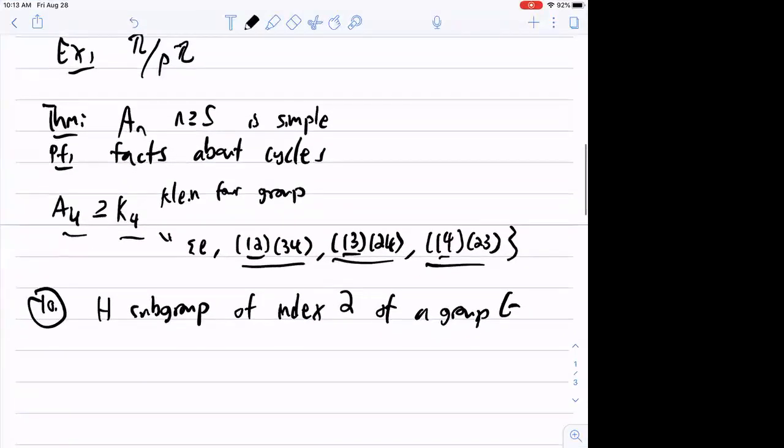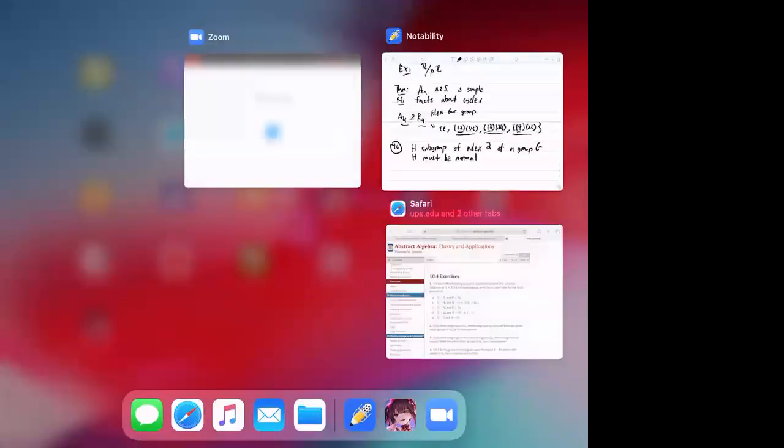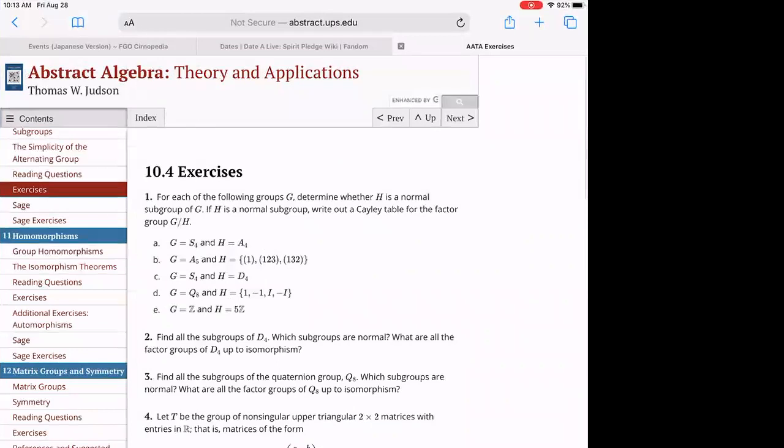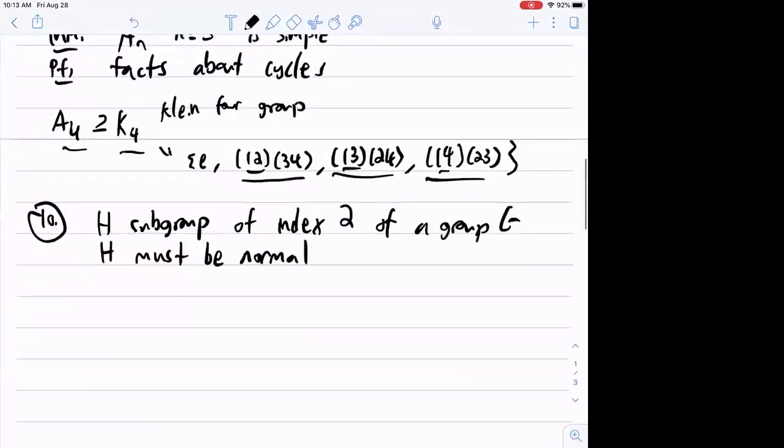So whenever your subgroup is half the size of your group, H must be normal. I guess part D is also normal if you prove problem 10, although since you haven't proved problem 10, it's easier to just conjugate by all 8 elements of the quaternion group.